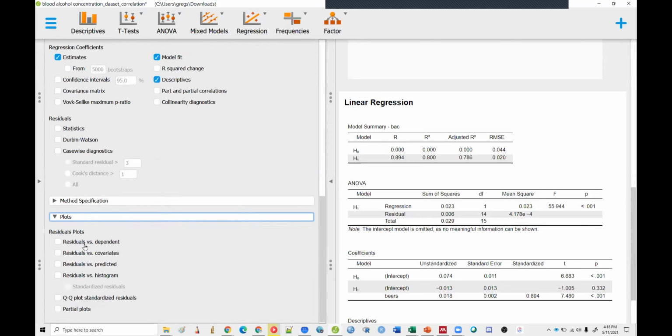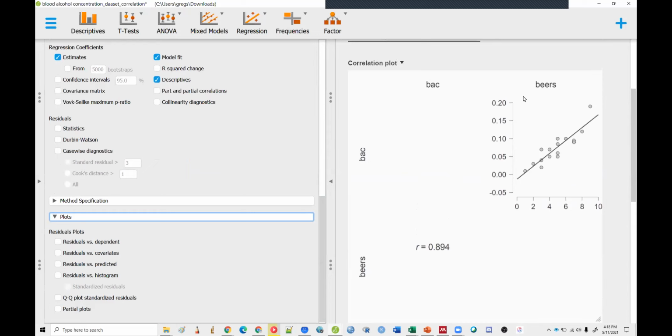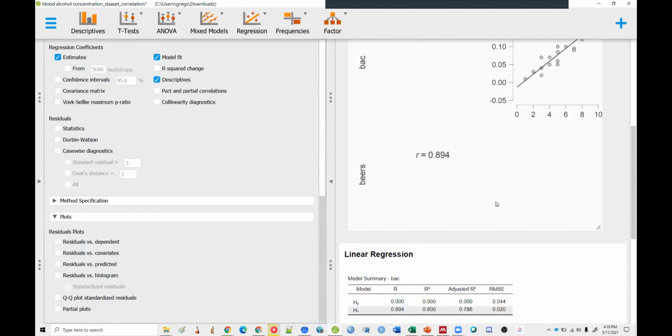Let's generate a plot. When I said that I prefer using the correlation option, it just produces a simple plot showing the relationship between the x and the y variable. The linear regression option in JASP is more complex, so it gives you multiple options.